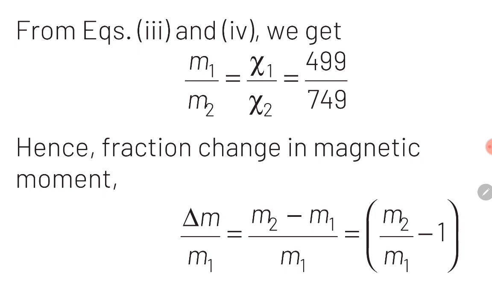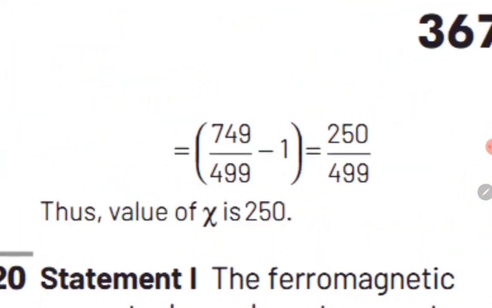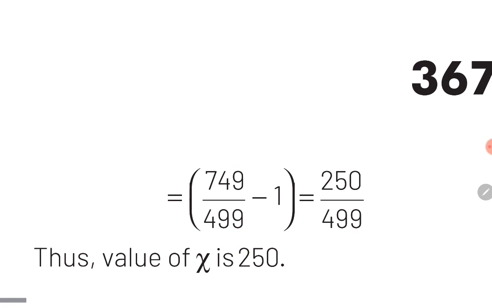So the equation becomes m2 minus m1 divided by m1. On separating the denominator, we will obtain m2 upon m1 minus 1, and by substituting the value of m2 upon m1 as 749 upon 499, we'll obtain the final answer as 250 divided by 499. So the value of unknown x will be equal to 250, which is our final answer.